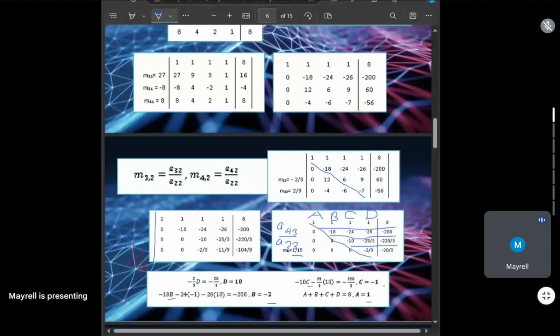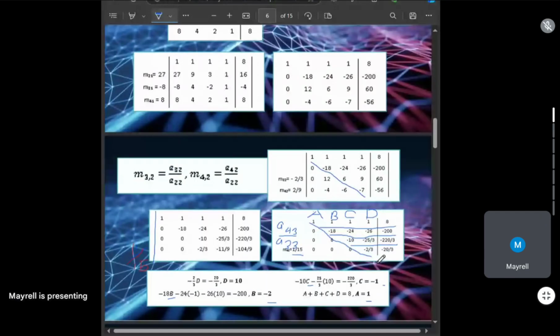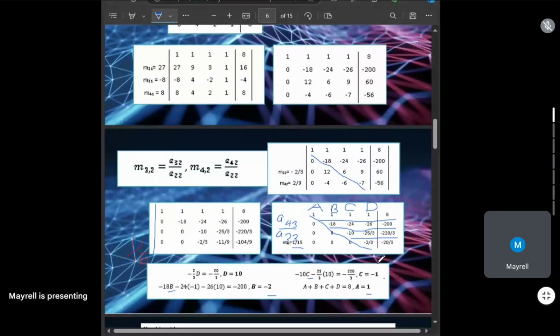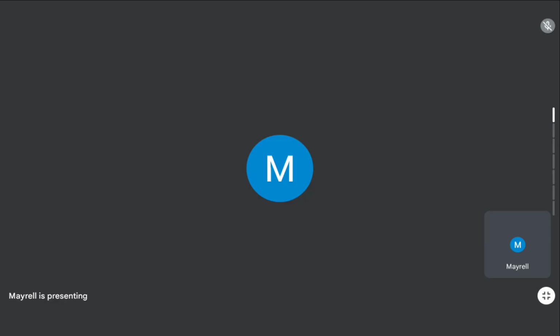Sige, no questions? So we can proceed. So the algorithm presented below is useful in solving a system of linear equations using the Gauss Jordan elimination method.